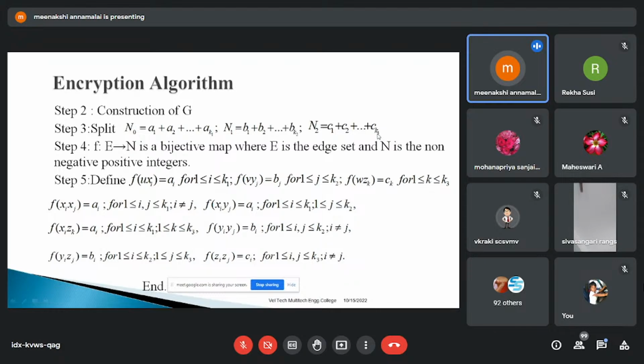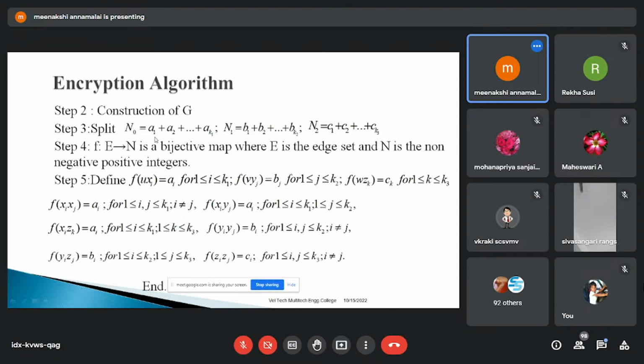Next step: F is a map from the edge set E to N, which is clearly a bijective map. E is the edge set and N is the set of positive integers, representing the values we are going to partition. Now I'm defining which value is assigned to which edge. To UXI we assign AI, where I lies between 1 to K1.